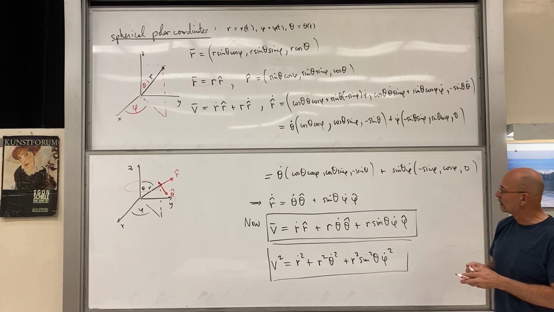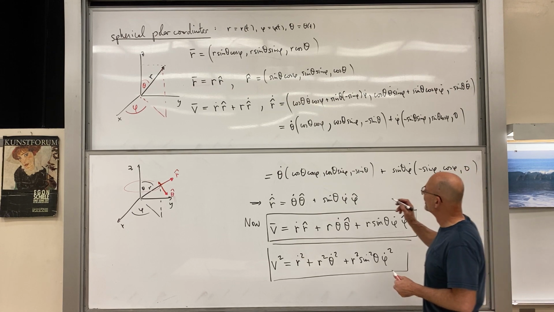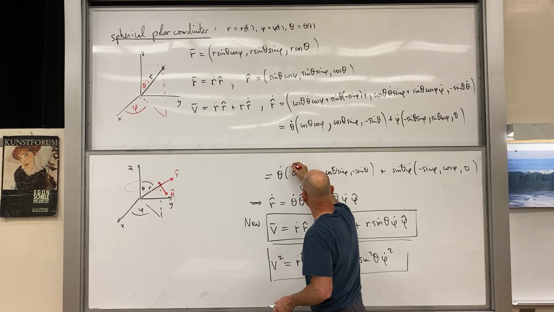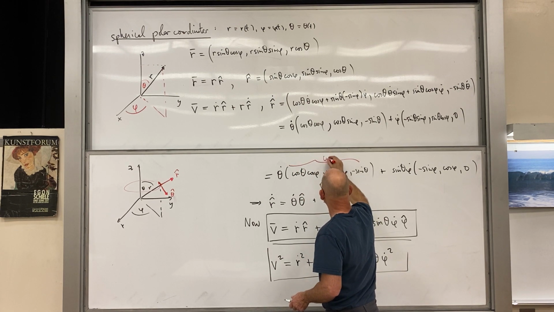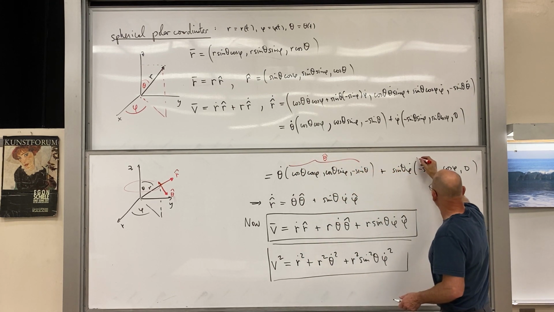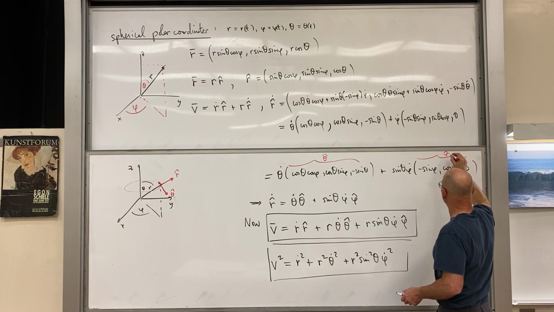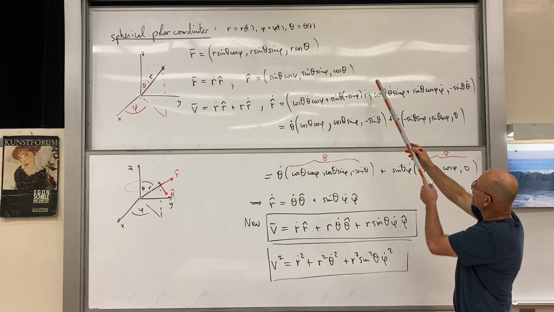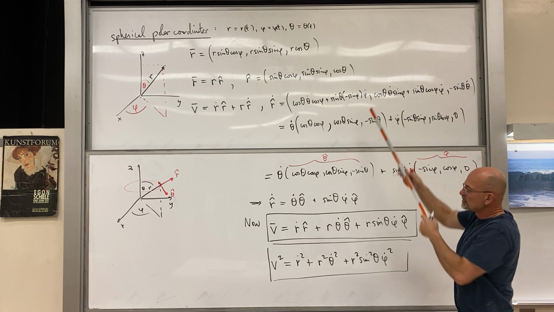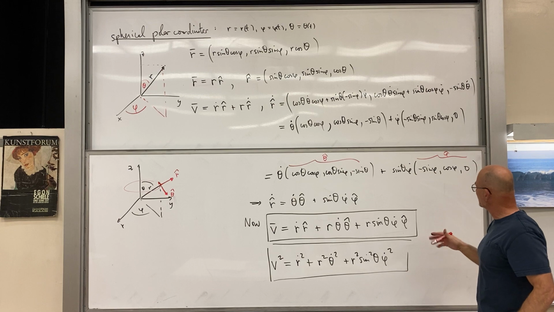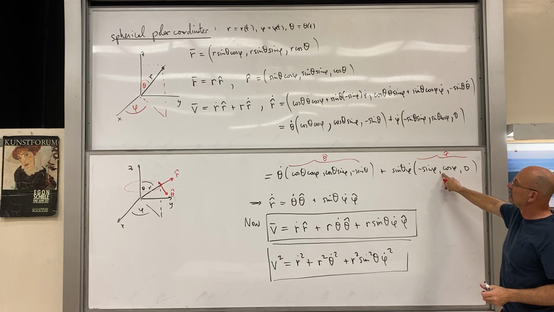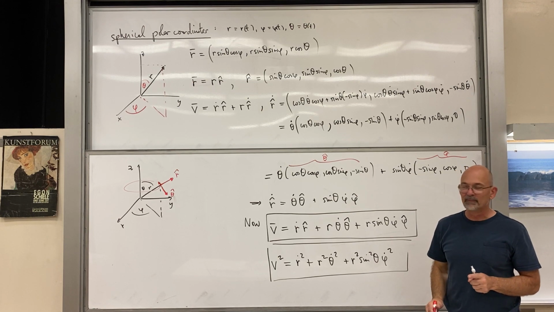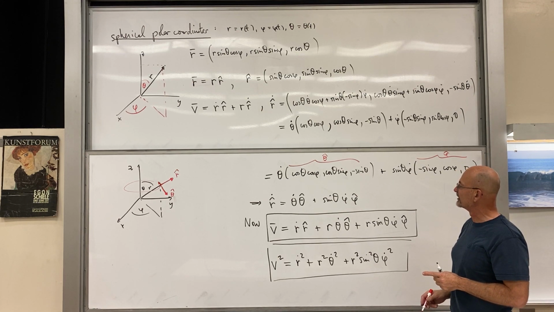Nonetheless, what I want you guys to prove is that these three vectors, this is our theta hat, this is our phi hat, and the r hat is right up there. You want to show that all three of them are unit vectors. This one is trivially a unit vector. And you want to show that they form a right-hand system, an orthogonal right-hand system.